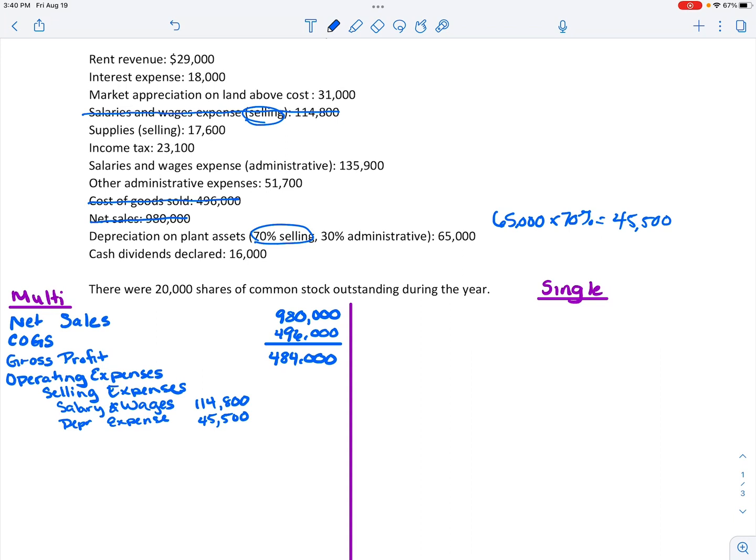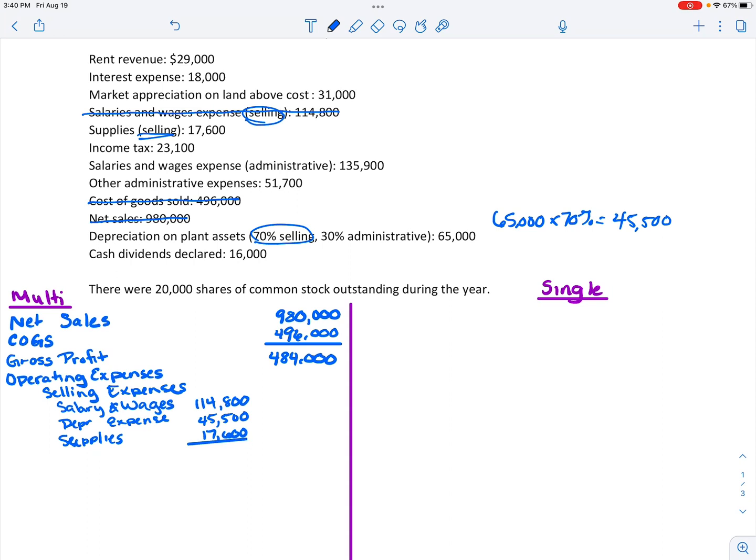Then I have one more selling expense. If I look through here, I find one more that I didn't bring in yet, so I'll bring in that supplies expense, which was 17,600. I will go through and add these up.